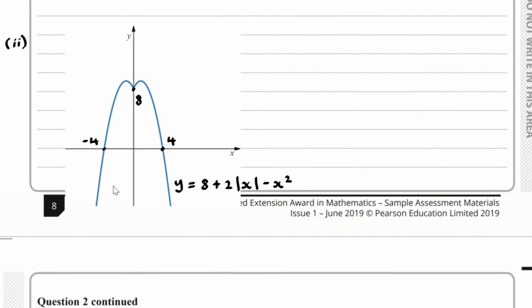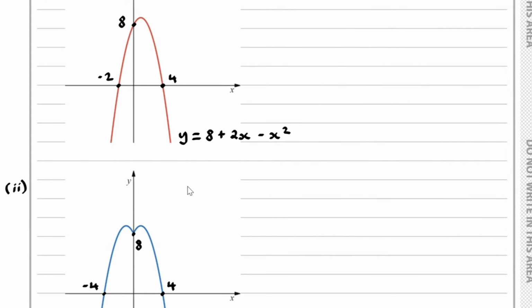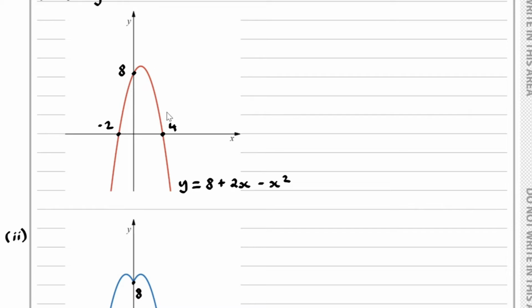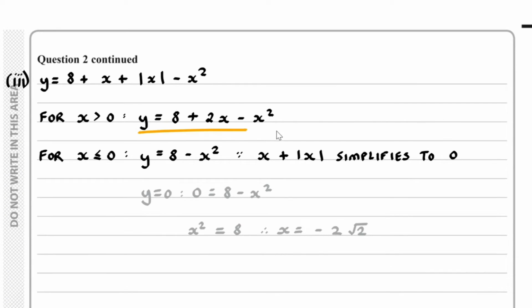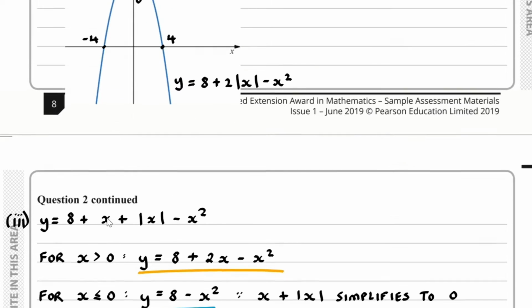So when I come to sketch the graph, this bit of the graph from here to here, that's one bit of it, which is what we have here. But then for x being less than or equal to 0, I've got this graph to draw.